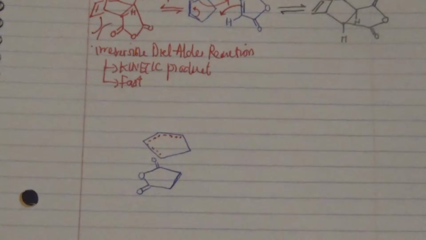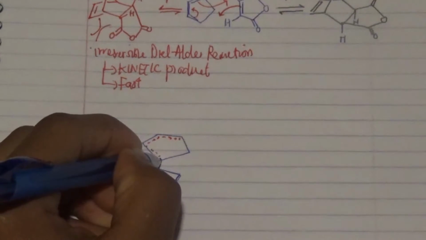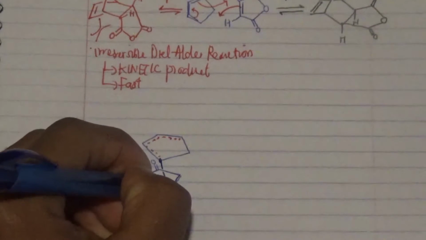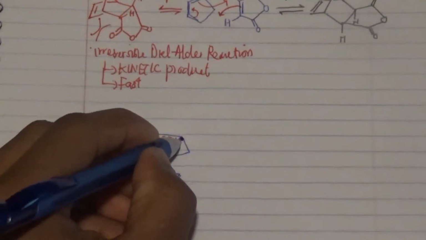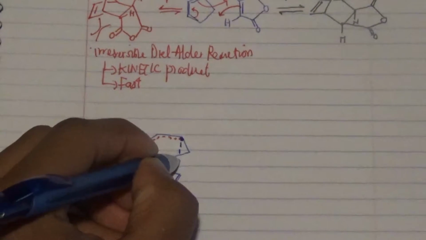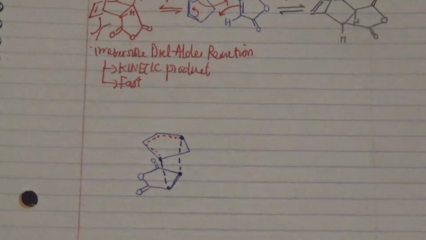Now, as the sigma bond is being formed between this carbon of our diene and this carbon of our dienophile, on the other side we have a sigma bond being formed between this carbon of our diene and this carbon of our dienophile.